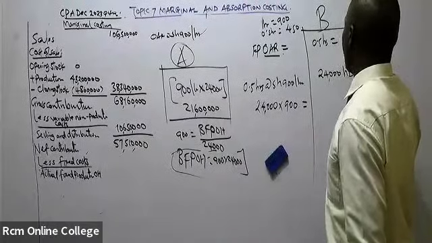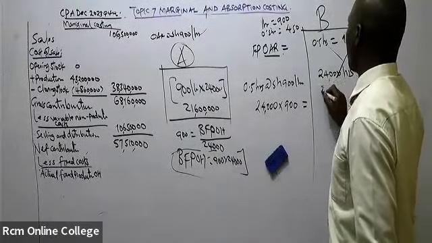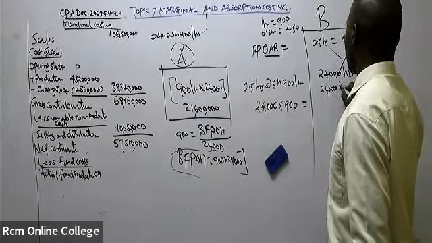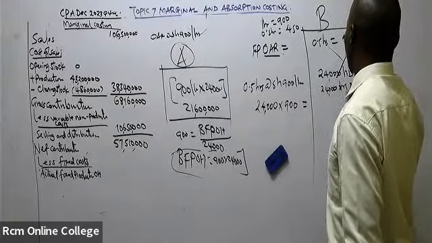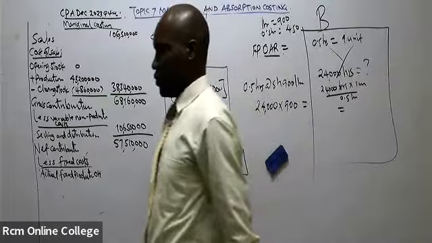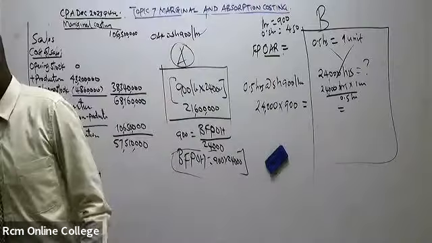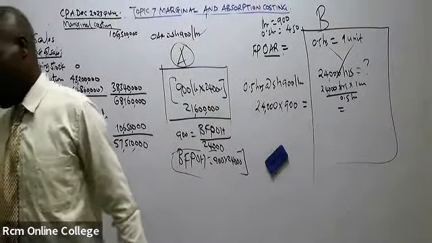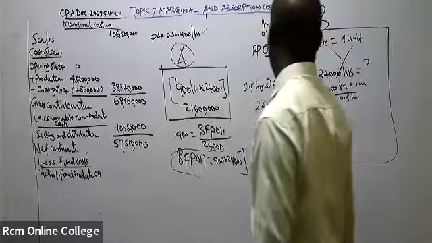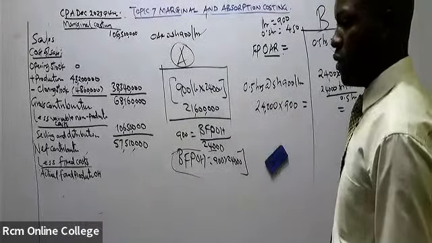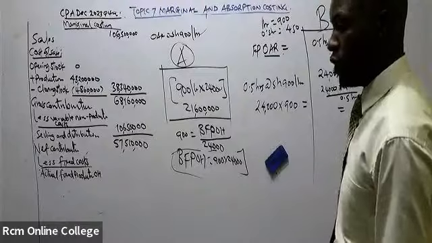So 24,000 hours times 1 unit over 0.5 hours. What will we have as the budgeted units? 48,000.